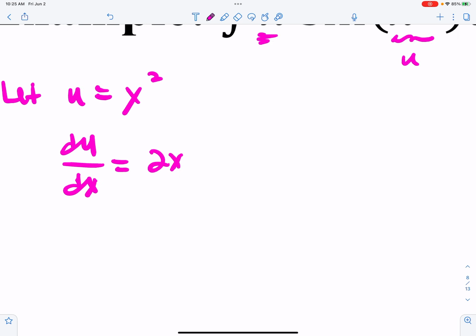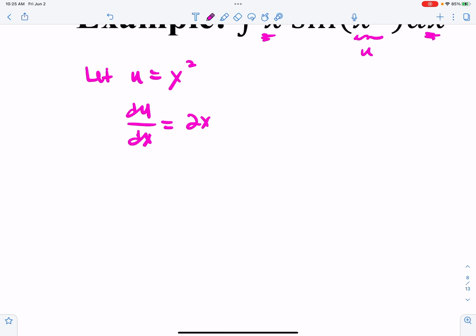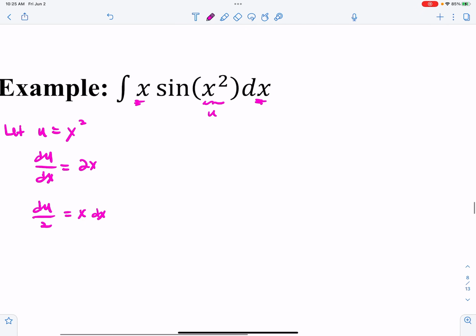So notice now from this equation, if we divide by 2 and we multiply by dx on both sides, we'd get du over 2 is equal to x dx again. So we'll have the integral of sine of u du over 2, which if you want to pull the 1/2 out right away, you can do that.